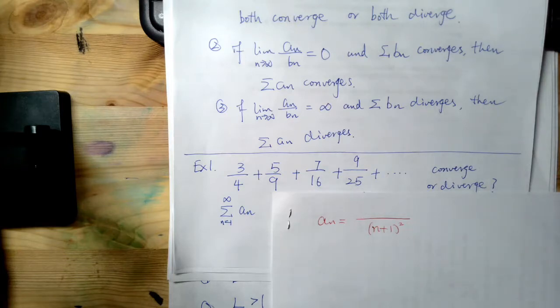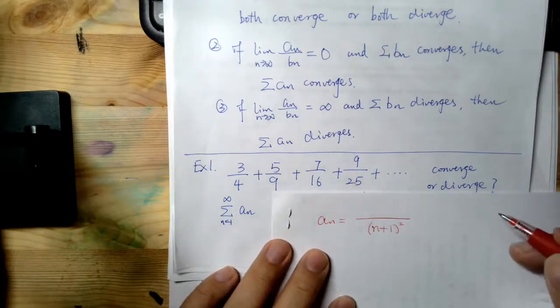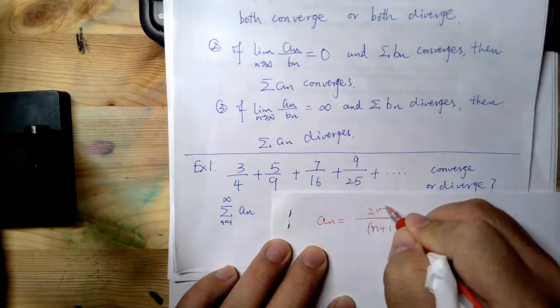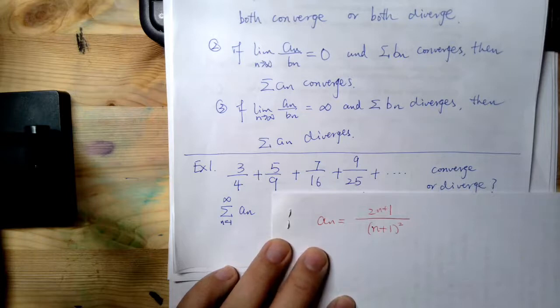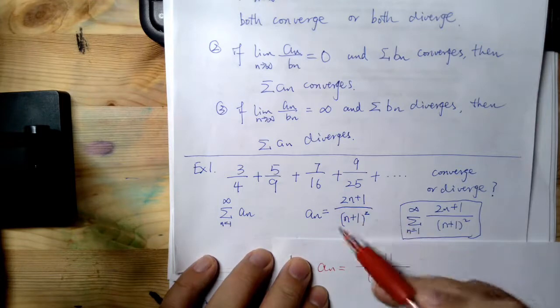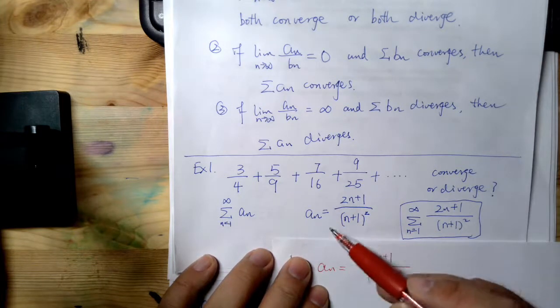As we recall, all the odd numbers we can write as 2 times n plus some odd starting number. In this situation, the format is going to be 2n plus 1. So this is going to be the general expression for our a_n.